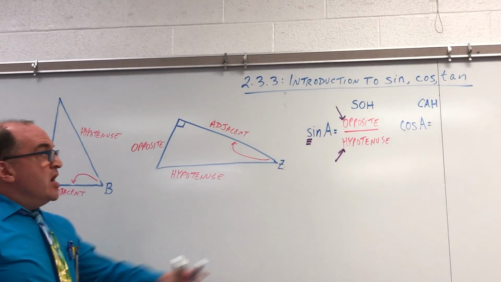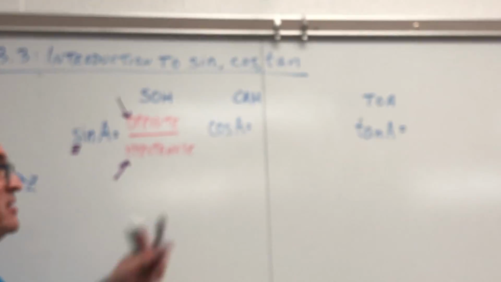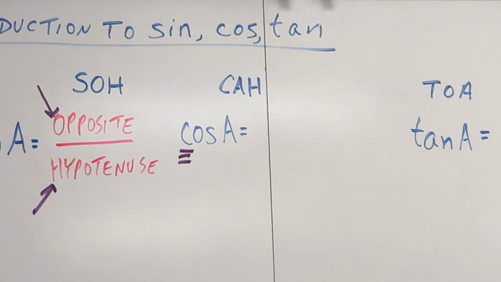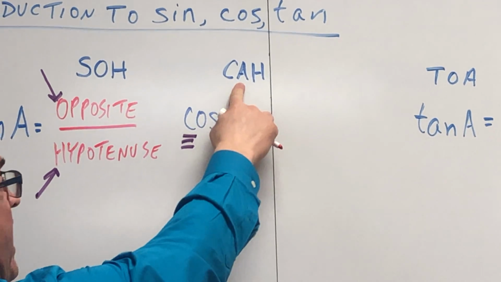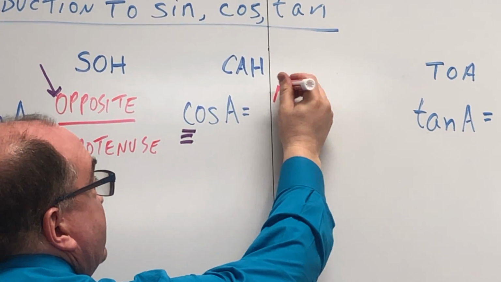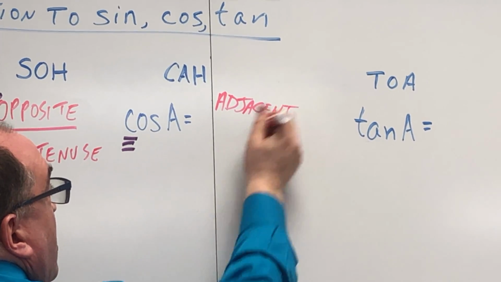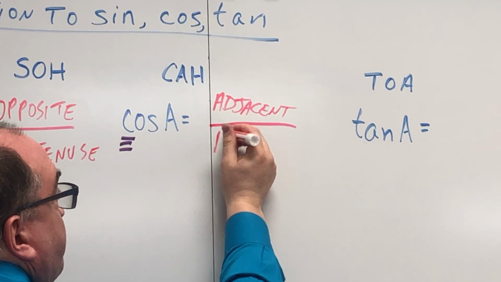Cosine, C, is A over H, adjacent over hypotenuse.